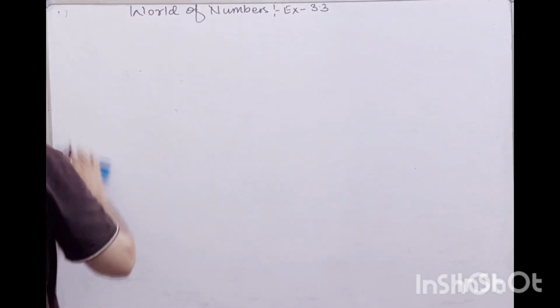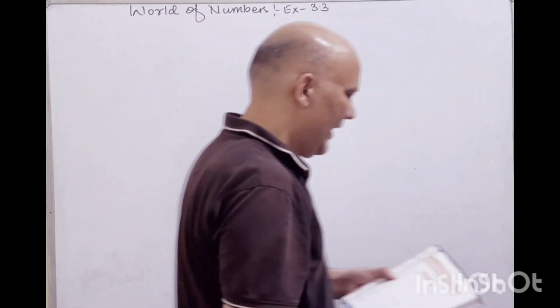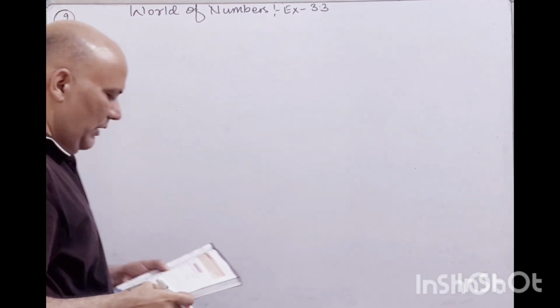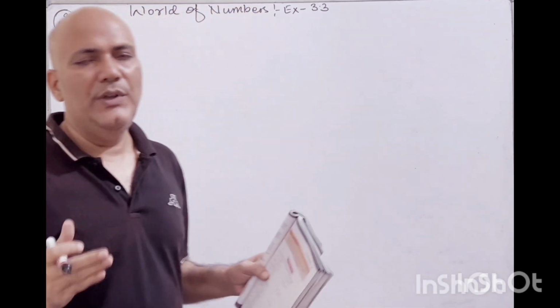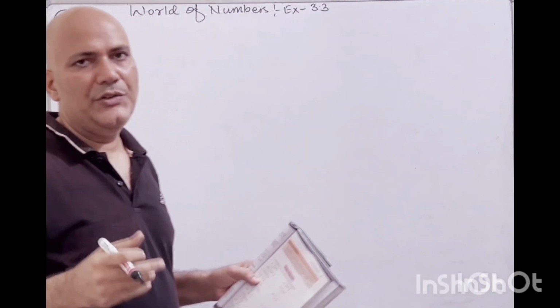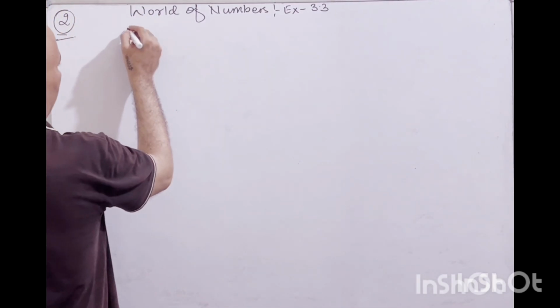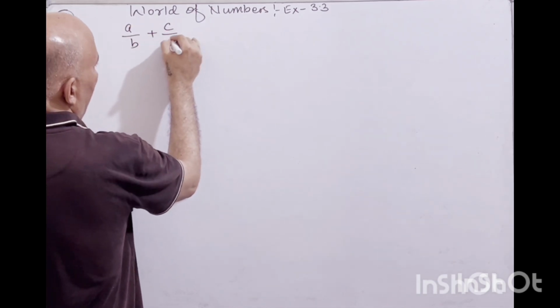Now the next one is find the sum. Question number 2, find the sum. So what happens when we are given 2 or 3 rational numbers? Let's say we have been given a upon b plus c upon d.